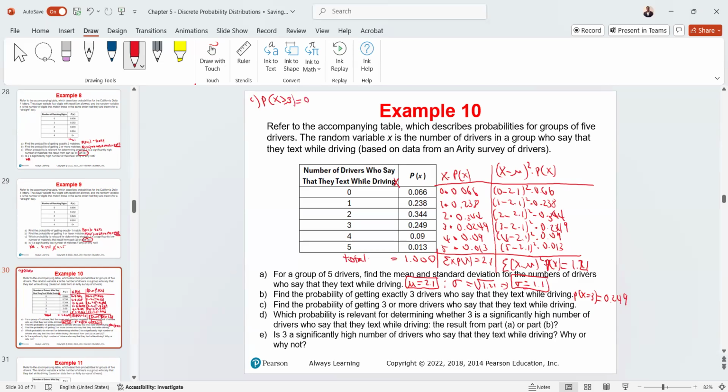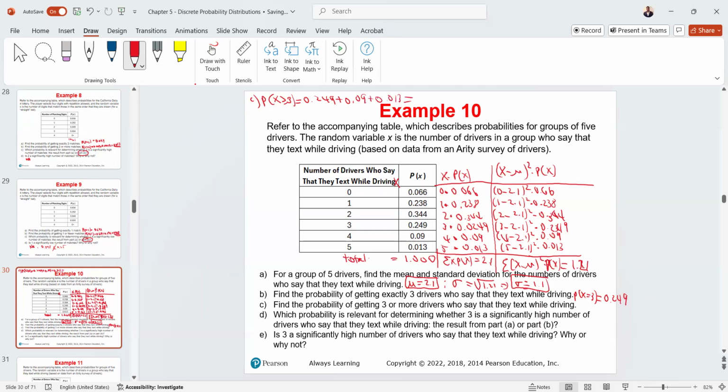That means take them all: we do 0.249 plus 0.09 plus 0.03.